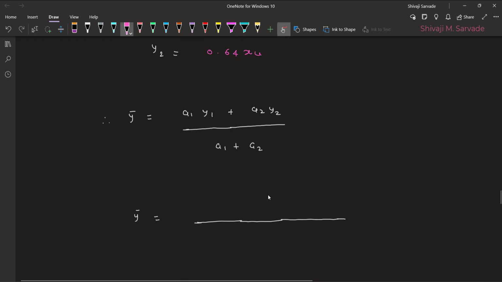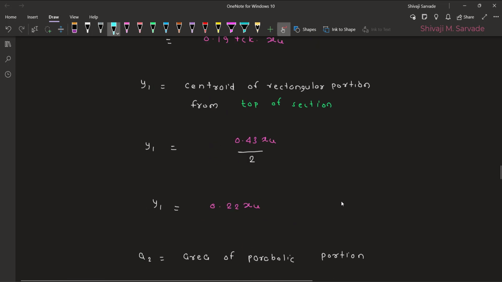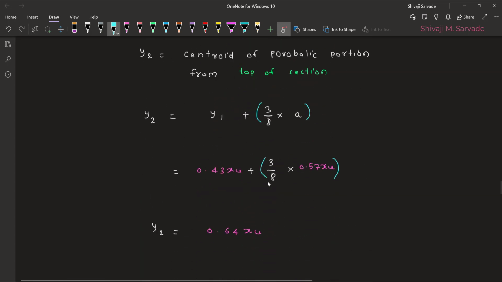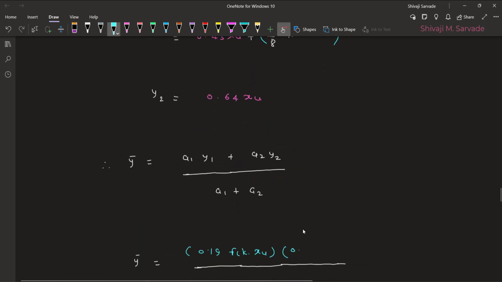Let's substitute whatever we know. We know A1 to be 0.19 FCK into XU, and Y1 to be 0.22 XU.